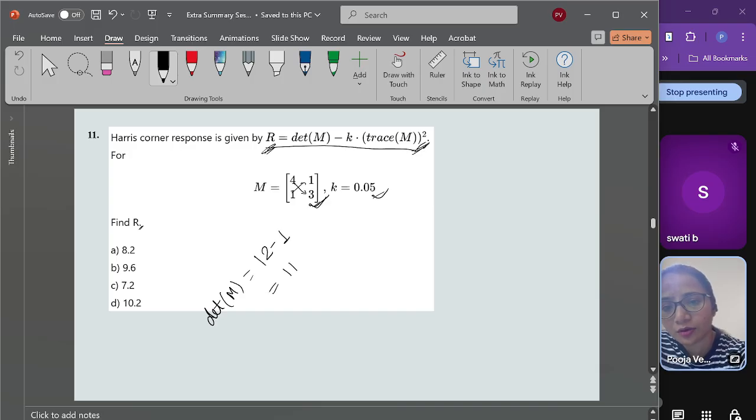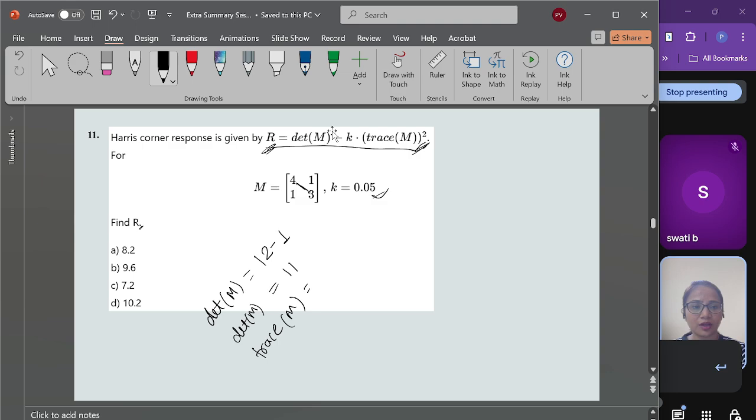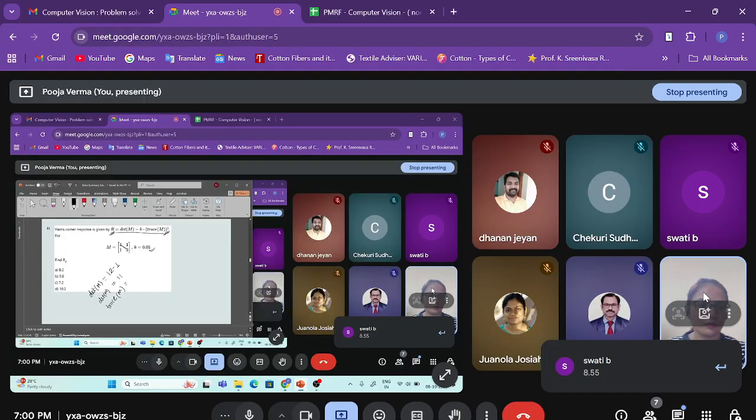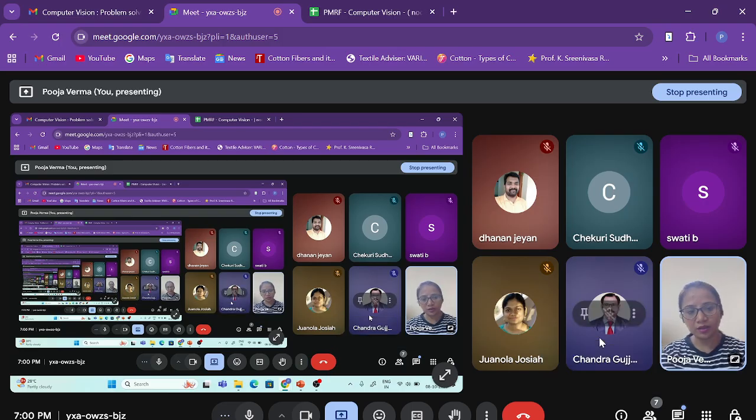The determinant of M is 11 here, right? And what is the trace of M? This is these two values, the diagonal values of that matrix.